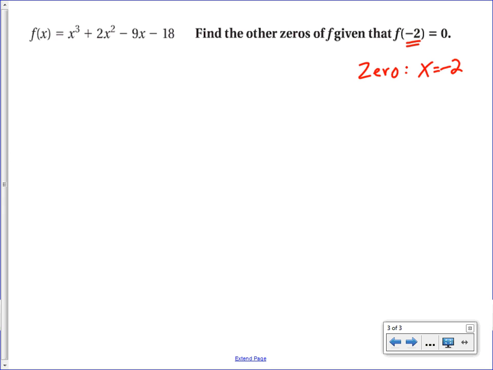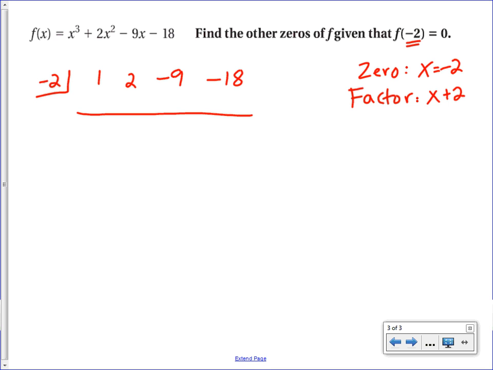So if the 0 is x equals -2, the factor associated with that is x plus 2. Because you would subtract 2 from both sides to get that -2 value. But again, we're using synthetic, so we want that 0, not that factor at the beginning. So our 0 is -2 there. It goes in the little box. Check your polynomial to make sure you haven't skipped over any terms, and then bring down your coefficients.